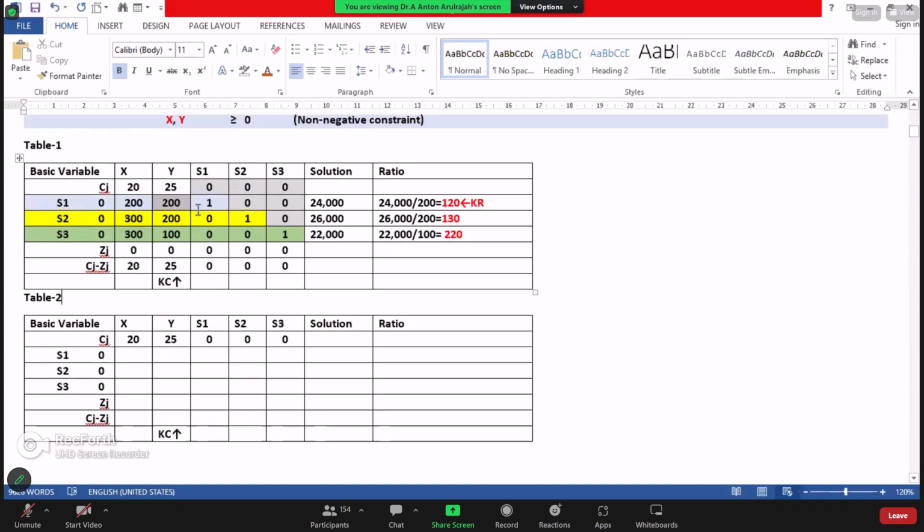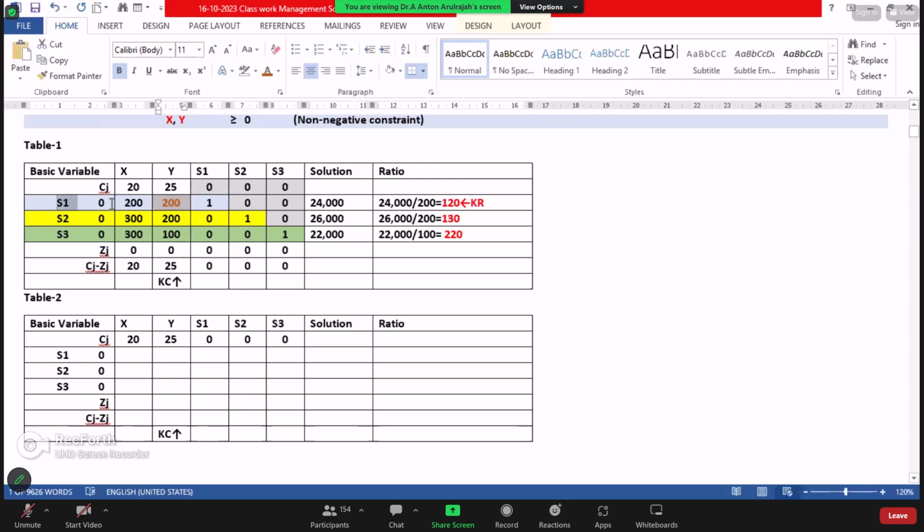So this is the key value, 200, where key column and key row are intersecting. Straight away, this is the leaving variable. So in the new one, this cannot come. The entering variable is straight away Y25. Y25 is the entering variable.